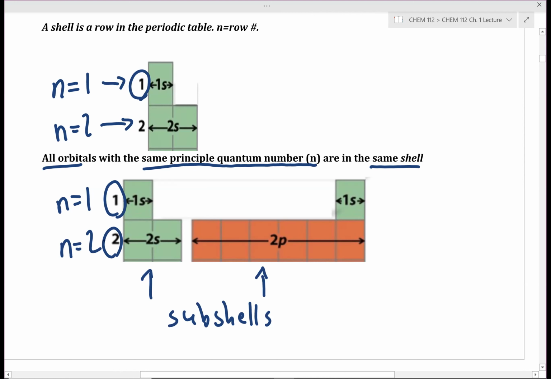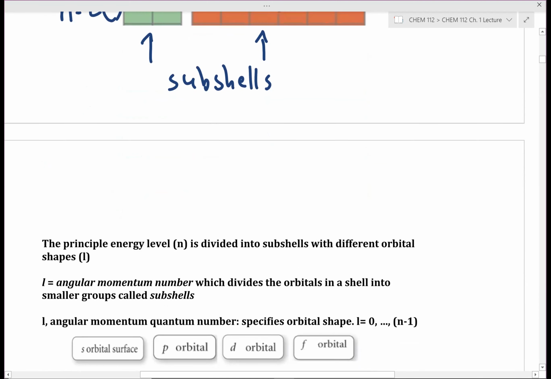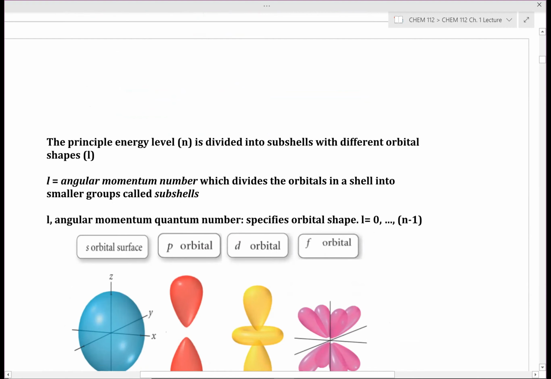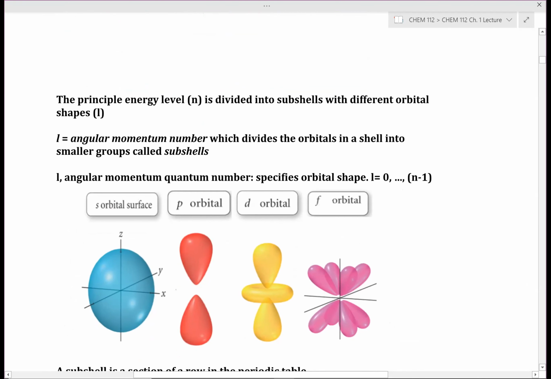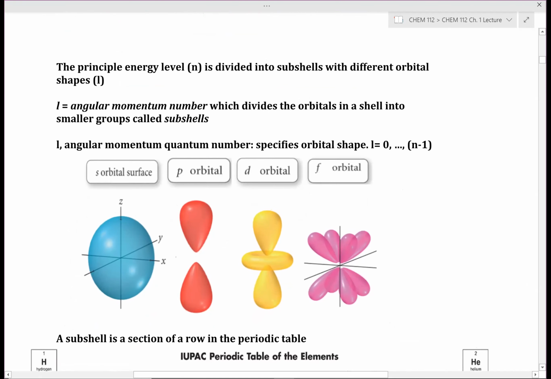Okay. Let's now talk a little bit about subshells, and this is when we start to see different orbital shapes. We now are going to take our principal energy level n, and each principal energy level n is divided into what are known as subshells with different orbital shapes. And we designate different orbital shapes with the L value.